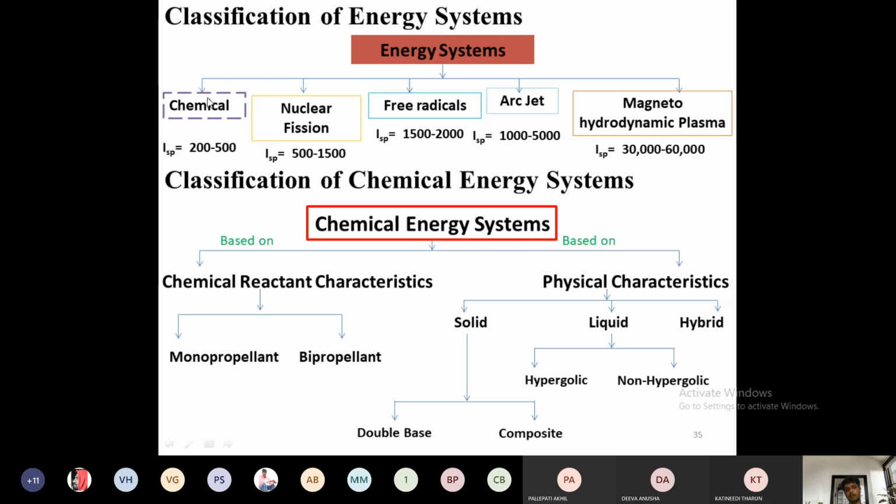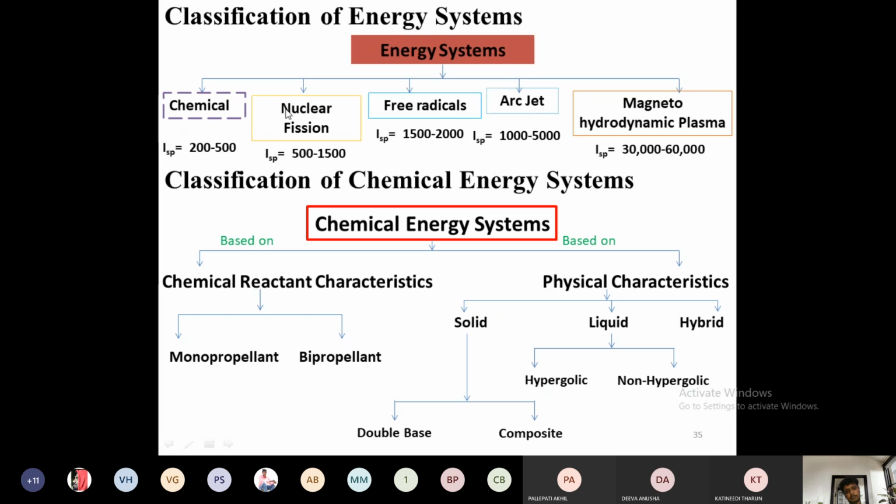A large number of rockets are operated using the chemical energy system, whereas the nuclear fission reaction system has a higher specific impulse, between 500 and 1500. This is also still in R&D, although history says one rocket was manufactured with a nuclear power plant incorporated inside it.